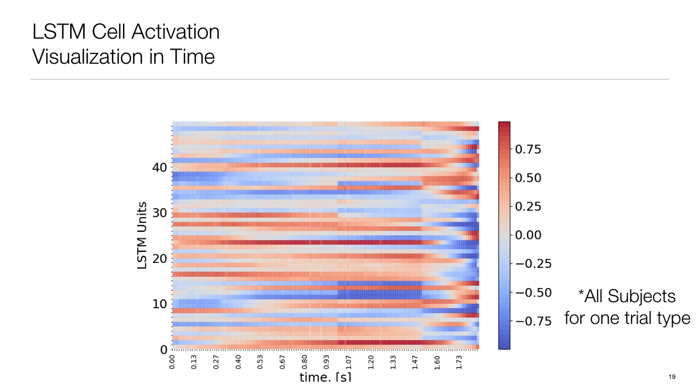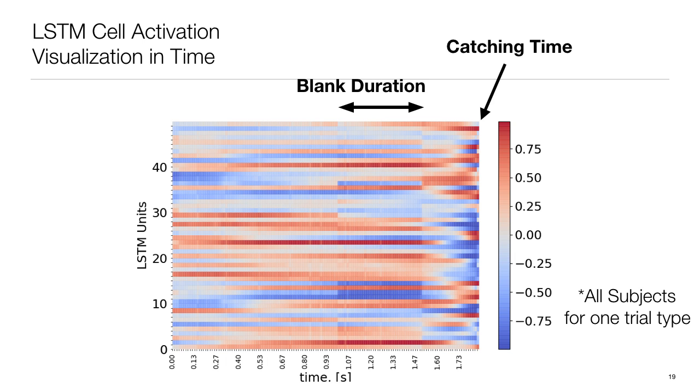We actually did the same for cell activation patterns. Here we can see that there are 50 LSTM cells, as you can see on the vertical axis, and the same trial type, averaged over all subjects. What this tells us so far, still, as I said, under investigation, is that each of these 50 LSTM cells has learned something different.